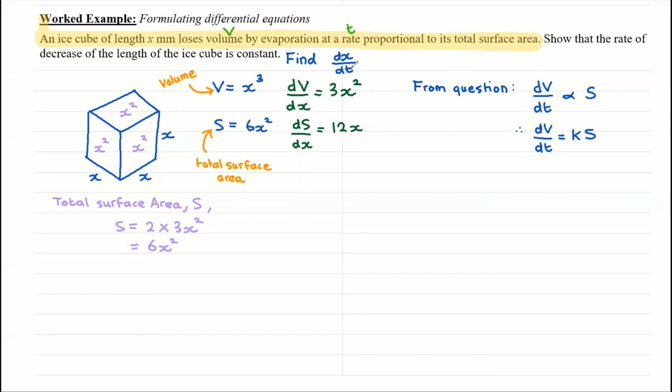So dx by dt. Let's construct it. What do we need for this? Well, we need to have dx on top. What do we know about dx? Well, we've got dx by dv or dx by ds. It kind of depends on the information they've given you. We're going to have to use this one because they've gone to so much trouble to tell us what it is.